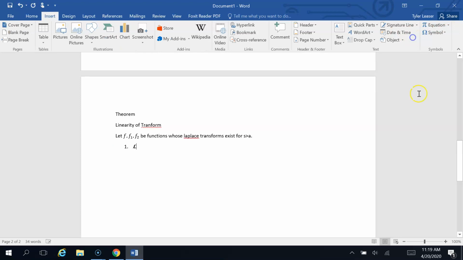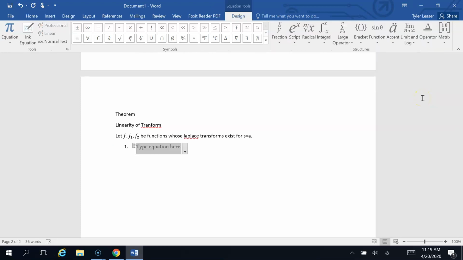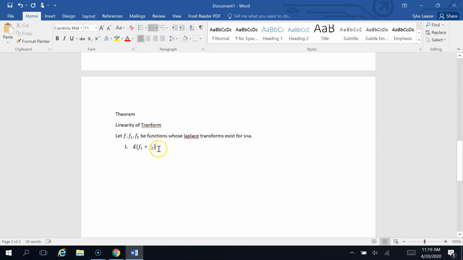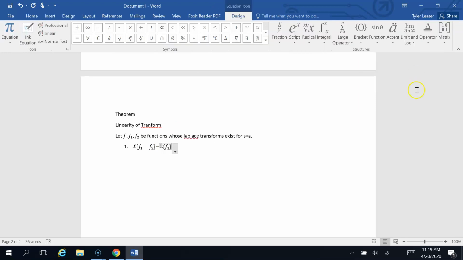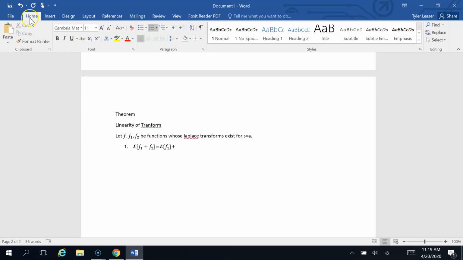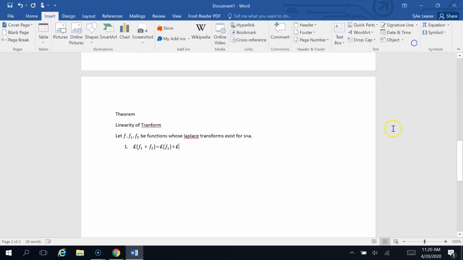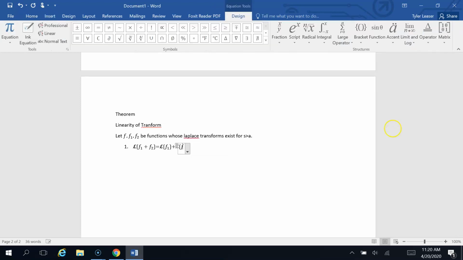The first thing is that the Laplace transformation of f1 plus f2, so if you ever have 2 functions added together inside the Laplace transformation, is the same thing as taking the Laplace transformation of the first function plus the Laplace transformation of the second function.